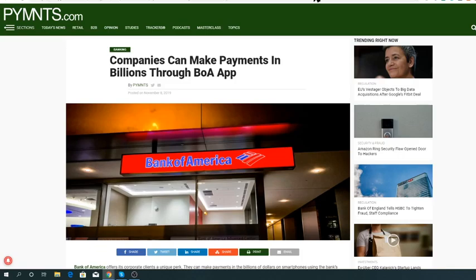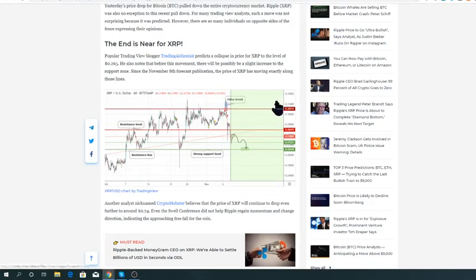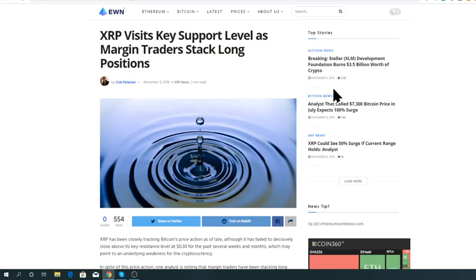Now looking at the news, there are some which say positive and some which state negative. Like this one is for XRP. The writer is targeting XRP and saying that the price of XRP is going to fall down. The end is near for XRP. But there is also positive news saying that XRP is visiting a key level.